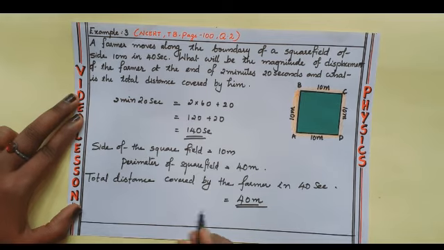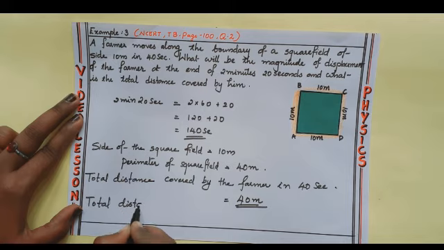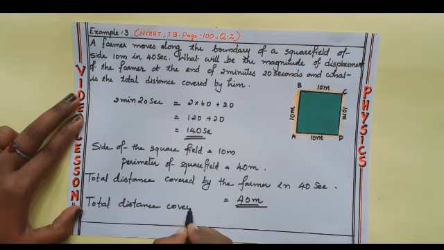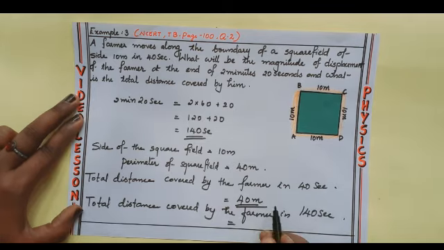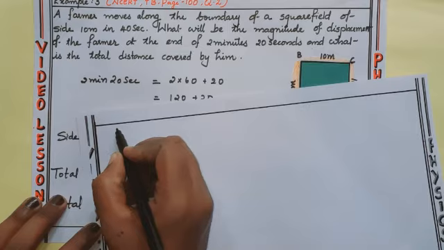In 40 seconds he can cover 40 meter, then in 140 seconds he can cover 140 meters. So we got the distance traveled by the farmer.